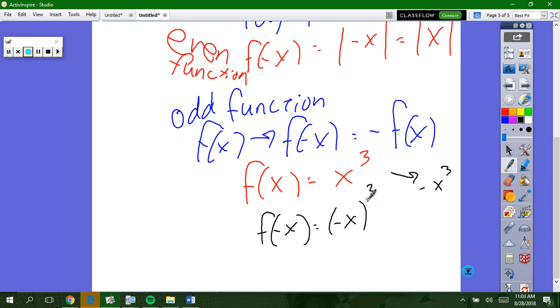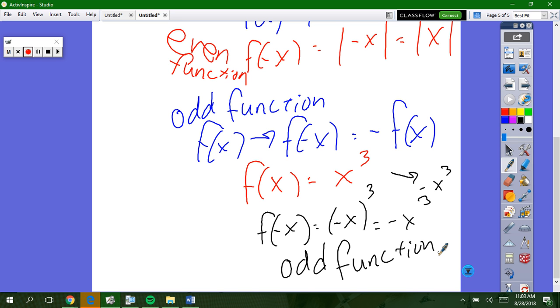Okay? But what is negative x cubed? What's negative x times negative x times negative x? Negative x cubed. Is it its direct opposite of what it began? So therefore, this is an odd function. Okay?